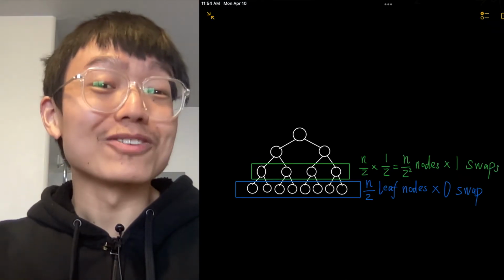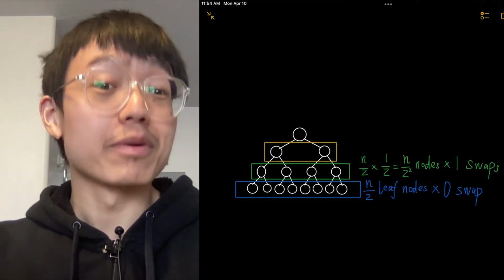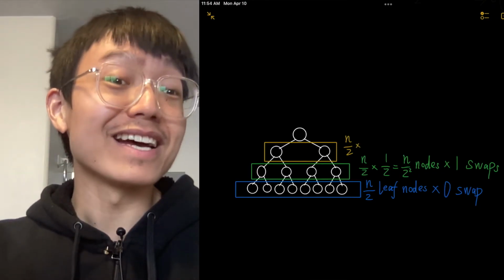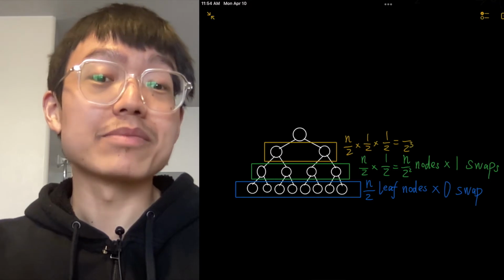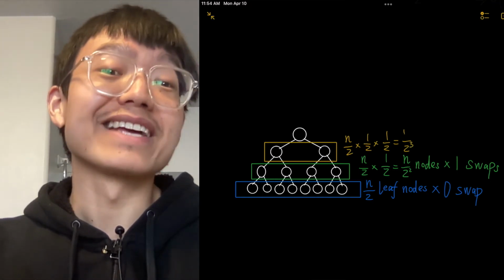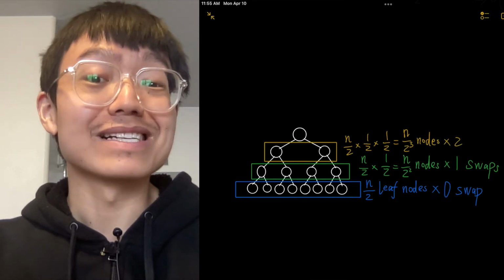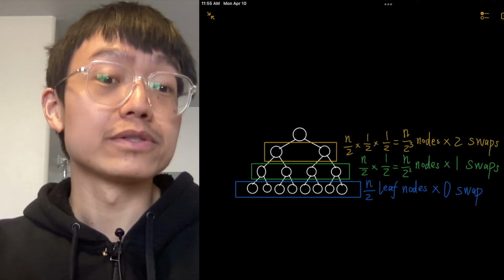When we are on the level at height 2, how many nodes are on this level? Its remaining number of nodes is halved again, so it's n over 2 cubed, isn't it? And the maximum number of exchanges is that it can exchange with the next layer and then swap again with the leaf node layer. So the maximum number of swaps is 2.